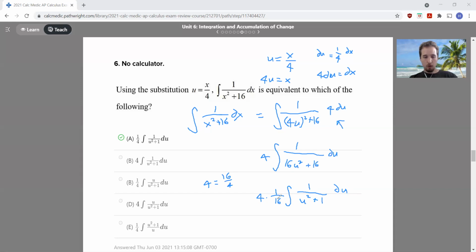So 16 over 4 divided by 16, well, that's just going to be equal to 1/4. And so you get the answer of A right here.